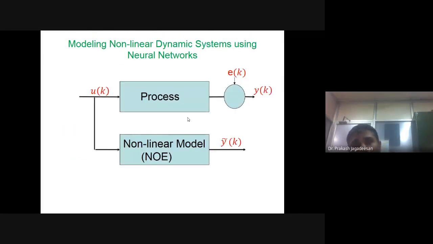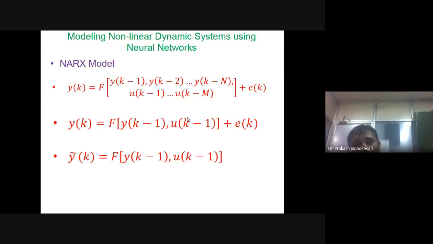Now, in the NARX model, y(k), the output of the model, depends on its past values y(k-1), y(k-2), up to y(k-n), and past values of its inputs u(k-1), u(k-2), up to u(k-n). This is the model structure.